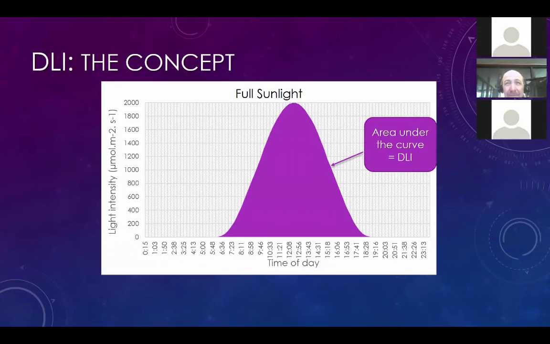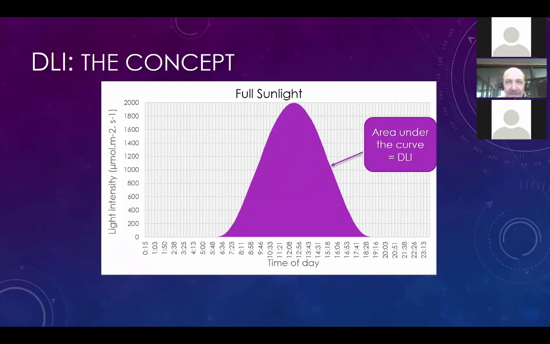And when we think about plant growth, this is actually a much more useful and interesting concept than light intensity, because obviously light intensity is always changing. What really is important is how much light has been delivered to the plants over the entire day. If you want to use the analogy of rain, we don't really care how many raindrops fell per second per square meter.